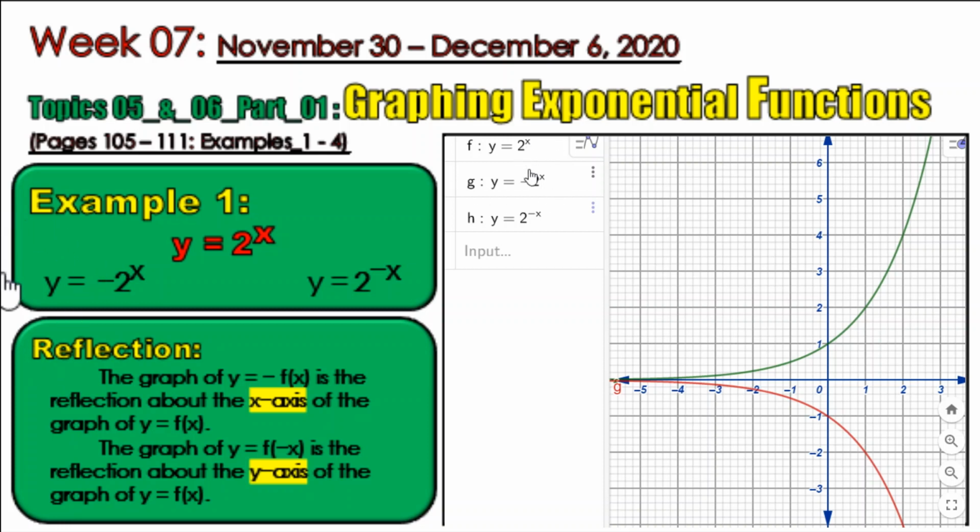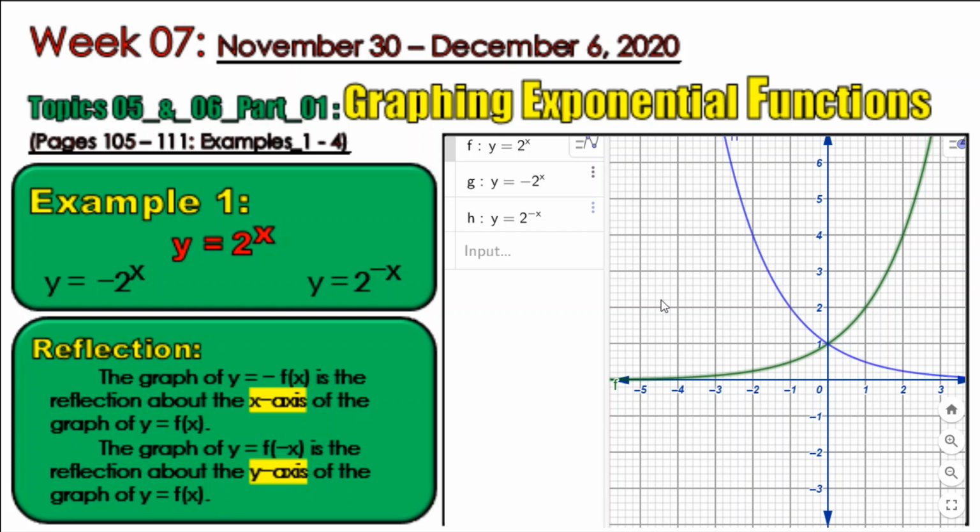We have positive 2 and negative 2. So this graph is the reflection of the graph of the given function y is equal to 2 raised to x about the x-axis. Your x-axis is just the axis of symmetry. So they are just the reflection of each other about the x-axis. Okay, so that is the first pair of the functions.